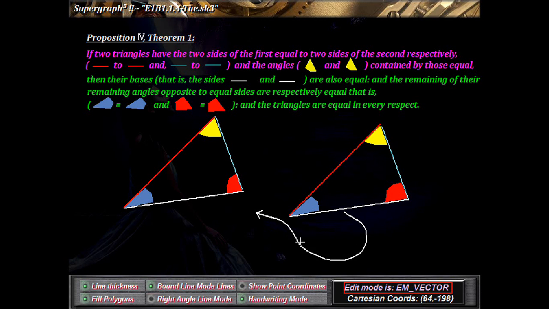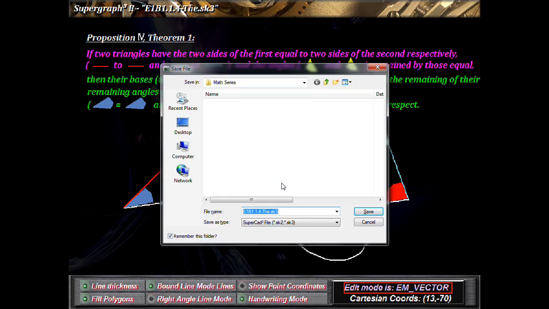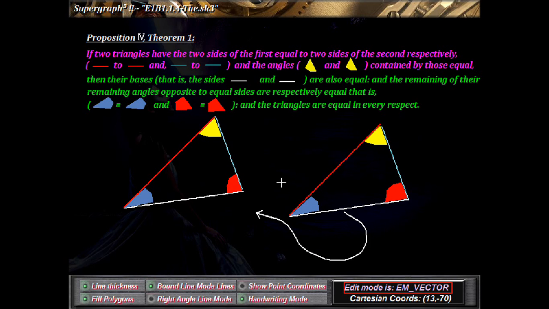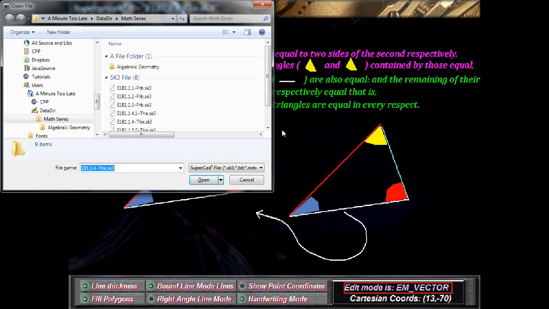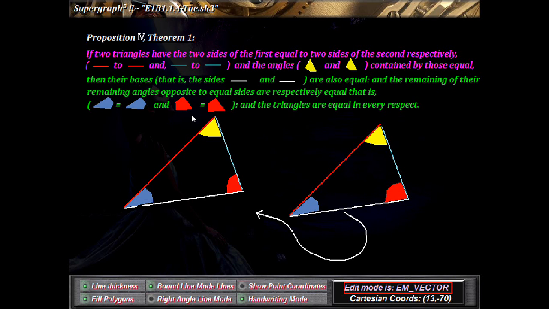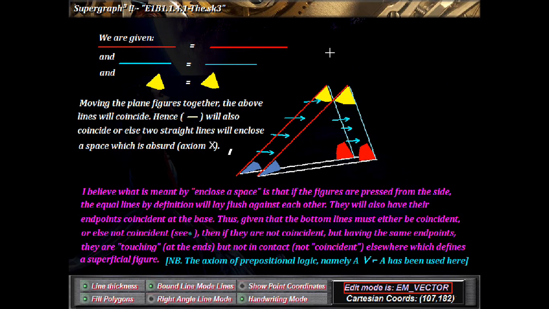So take it out of the page and push it in. Now, what I've done is try to draw a picture of that. We know the reds and the blues are equal, and so are these angles. Here I'm trying to illustrate the pressing of this one, with these aligned together, with the other one.